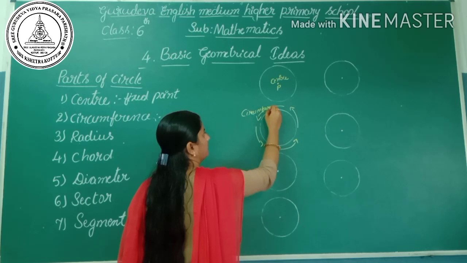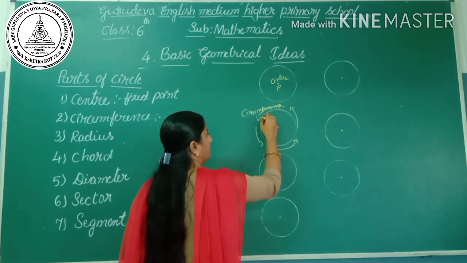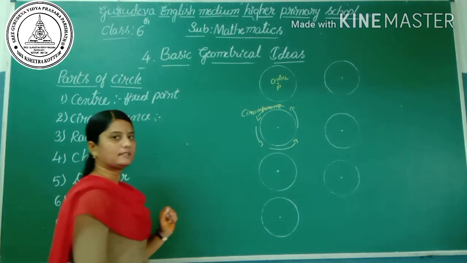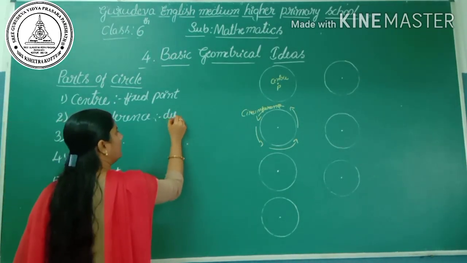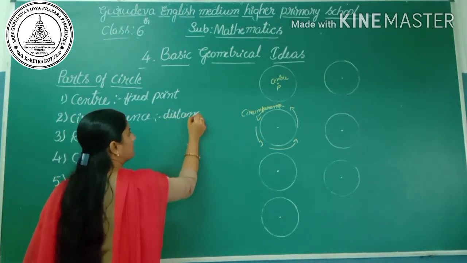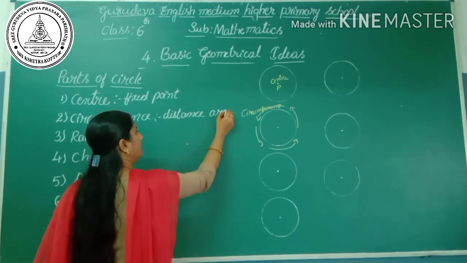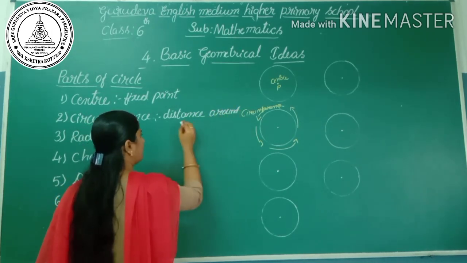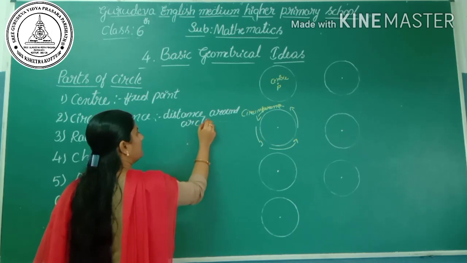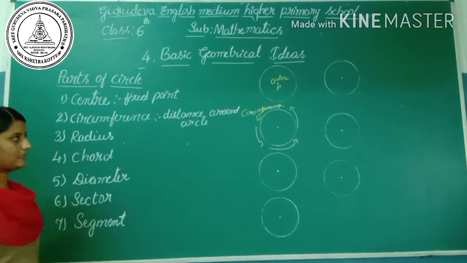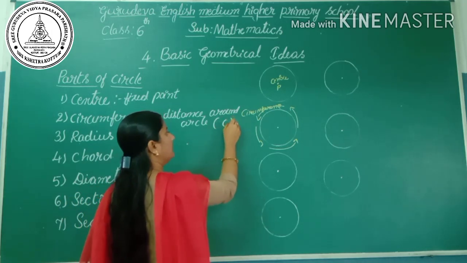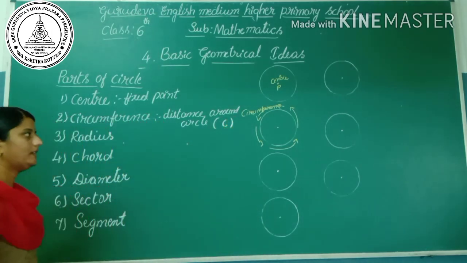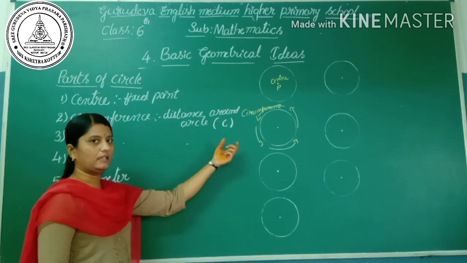Yes, what do you mean by the circumference? The distance around the circle is called the circumference of the circle. So it is denoted by the capital letter C, right?